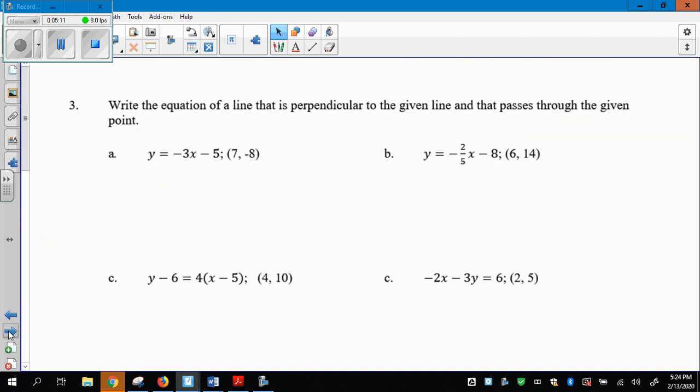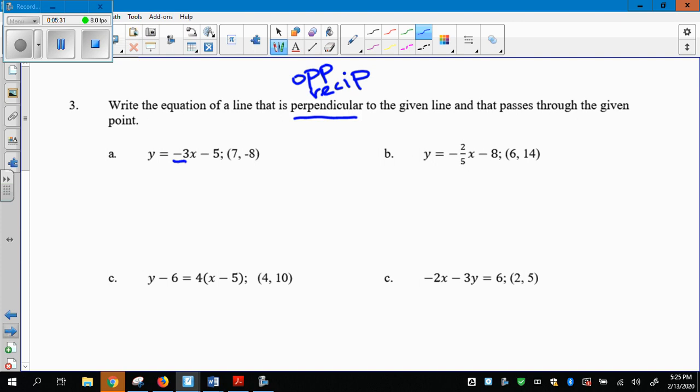On this problem, we are going to go ahead and write the equation of a line that's perpendicular. Remember that for perpendicular lines we need opposite reciprocal slopes. Okay, and I think to make this easy, I'm just going to use the point slope form. All right, so first of all, I want to check and see what the slope is here, and that's -3.